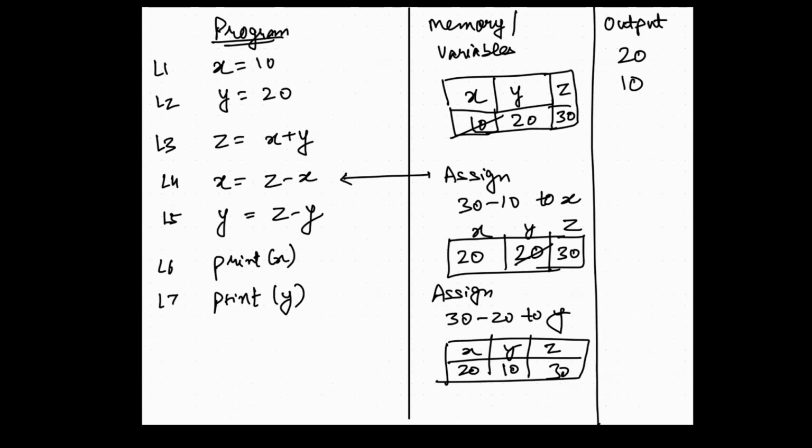Initially, the value of the variable x was 10, but at line 4, the value of that variable is changed. So we can change the value of a variable. That's what variables are for. You want to be changing the values of variables for your various problems that you solve.